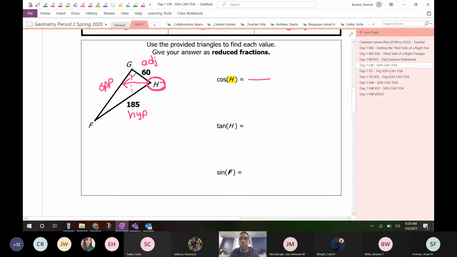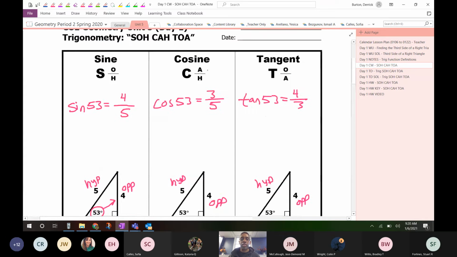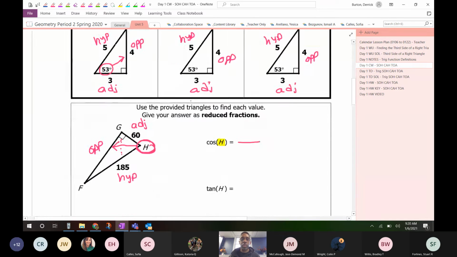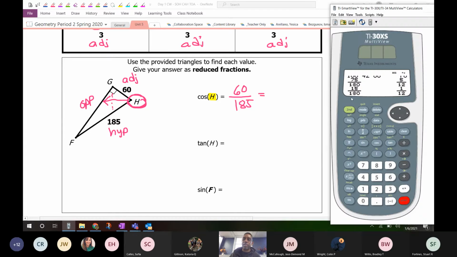But this is cosine, and we just learned that cosine is adjacent over hypotenuse. So in this case, that will be 60 over 185. You really want to have a TI-30XS MultiView like me.